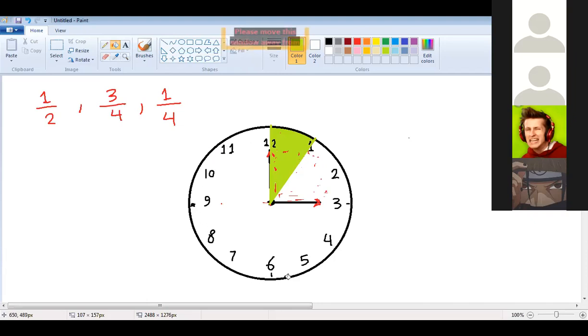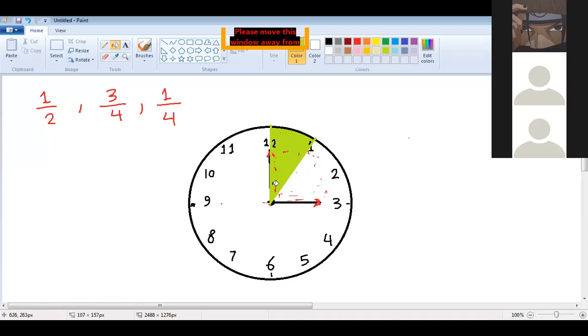How many sections in the circle? We divided the clock into 12 sections from 1 to 12. So I just pick one part from the whole clock. Wait a minute, Abdel Mohsen. Ahmed, you understand me?